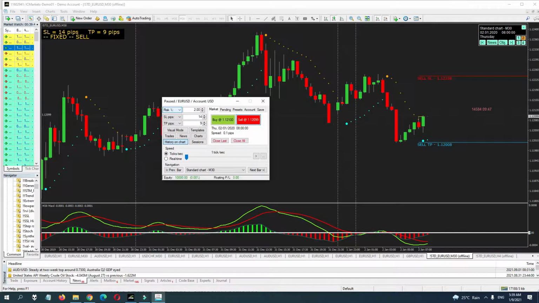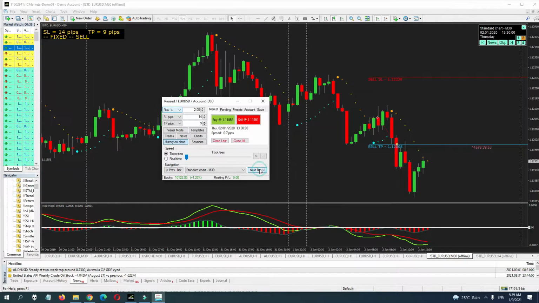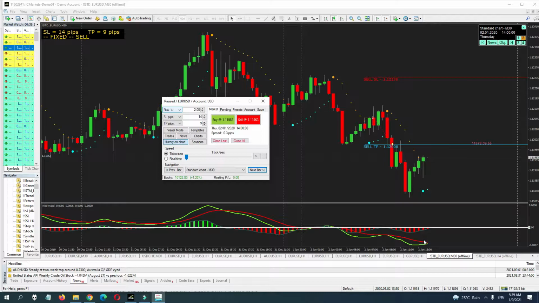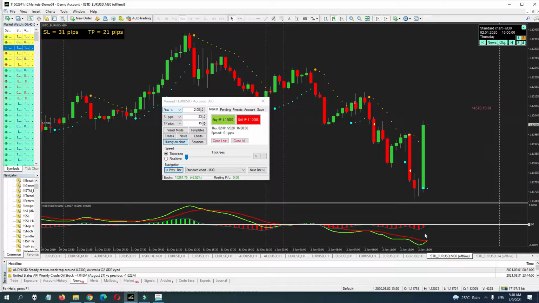You sell here. Okay, and a sell signal, above the zero line, and we sell here. Sell, both below the zero line, and we don't wait for confirmation or anything like that.